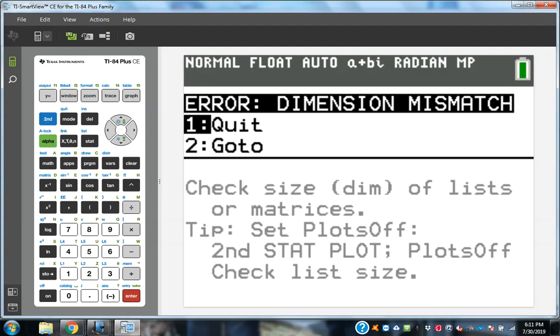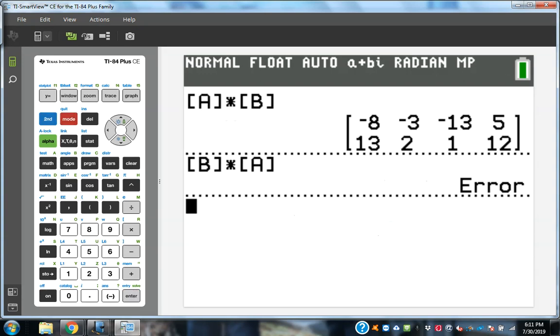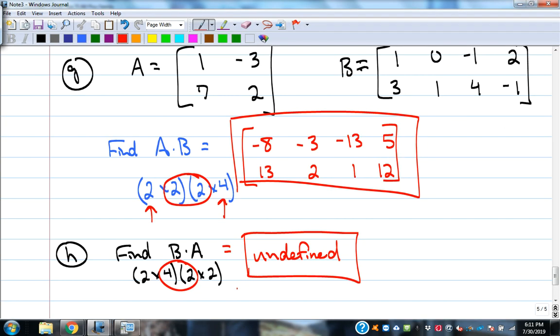So you get that error whether you remember what the rule is or not. The calculator can steer you in the right direction, and it tells you, hey, I can't do that. I know what I need to write is undefined, because I cannot do that multiplication. All right.